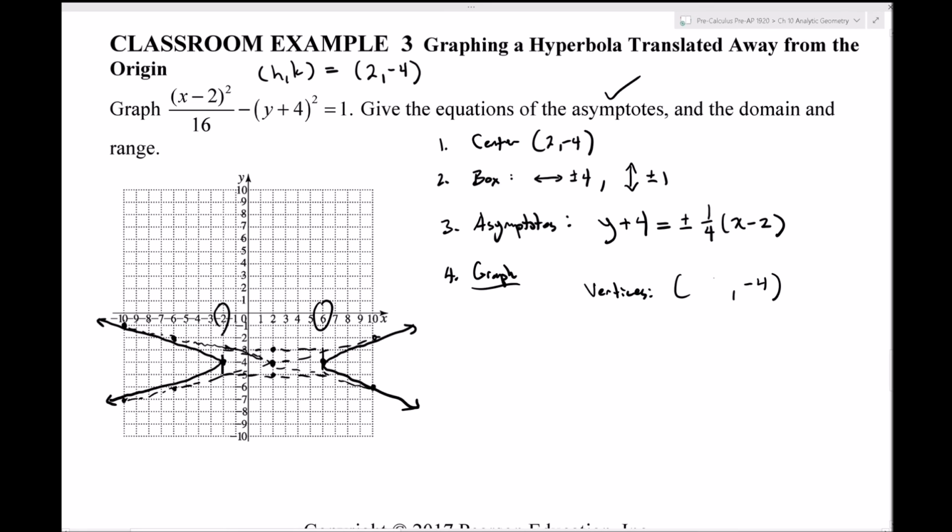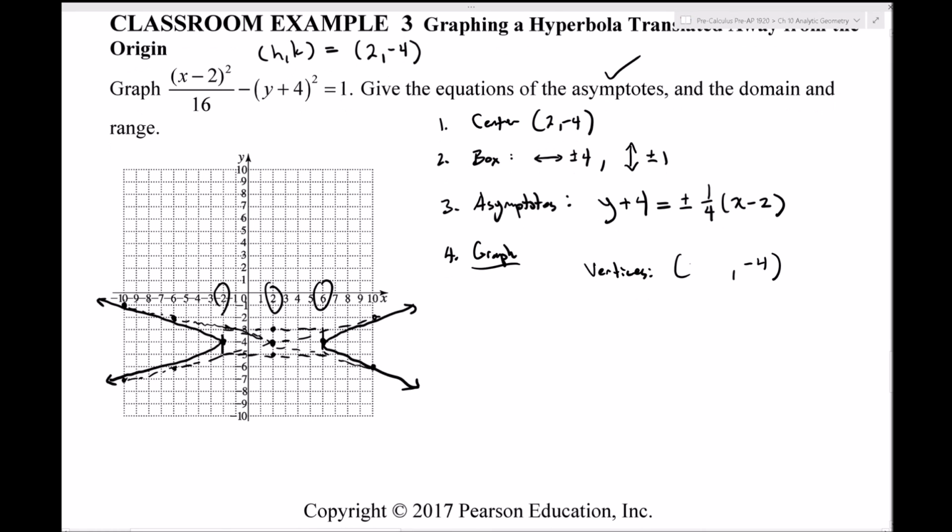You could build it as 2 plus or minus 4, but since we have actual numbers, that's (-2, -4) and (6, -4). Those are the vertices.